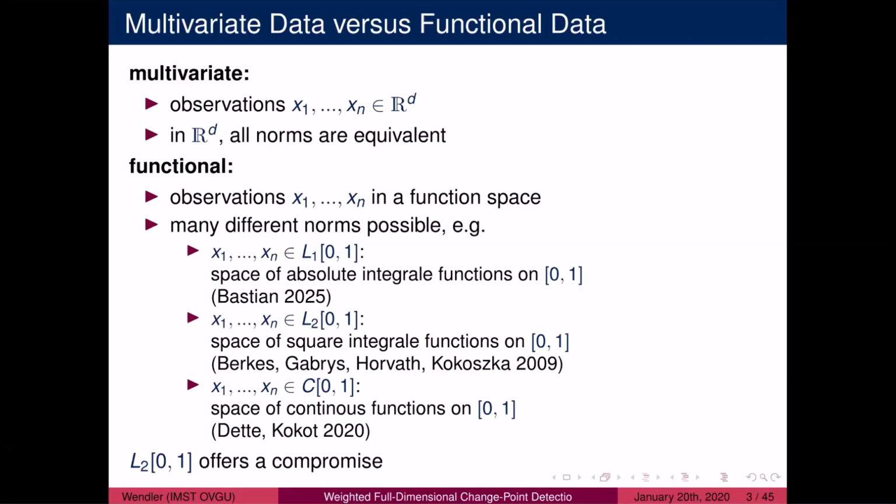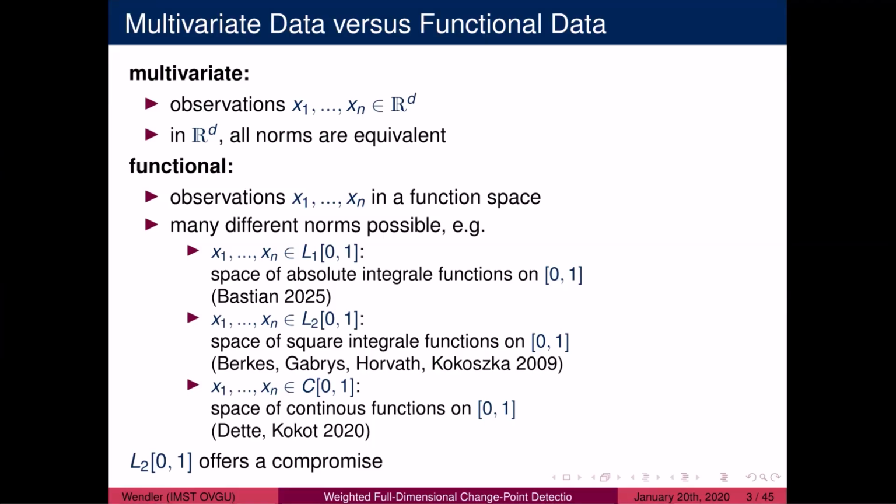So there are many different norms. You can have the L1 norm on the space of absolutely integrable functions. You can have the L2 norm in the space of square integrable functions, or the supremum norm in the space of continuous functions. And if we have a continuous function on the interval 0, 1, it's also bounded, so it's integrable and square integrable. You're free to choose one space.